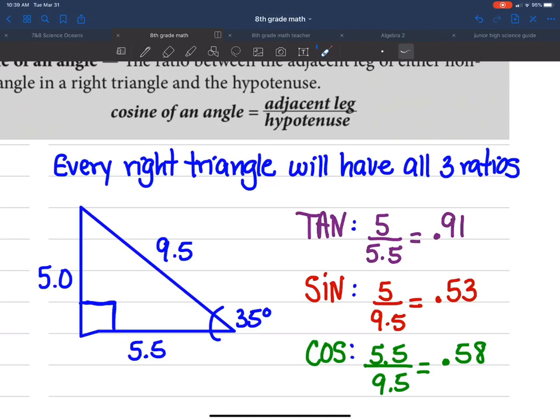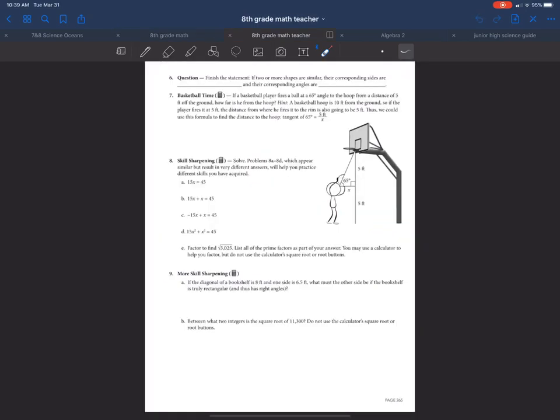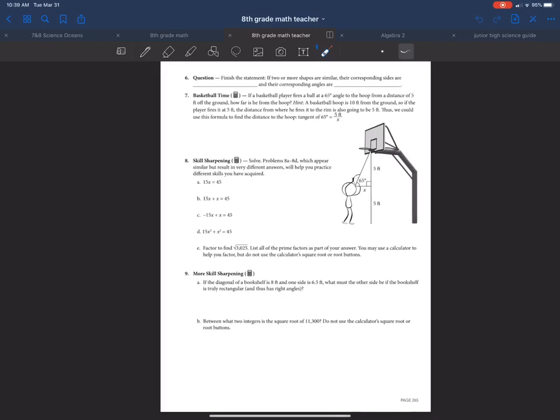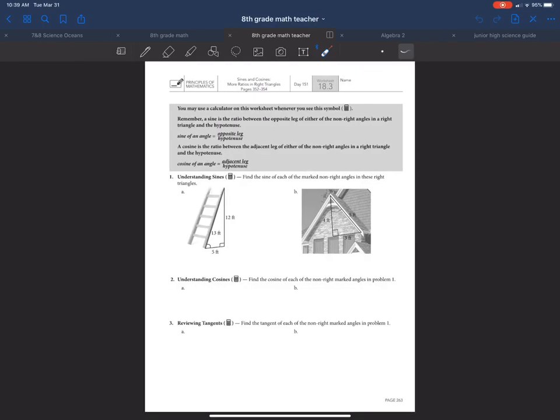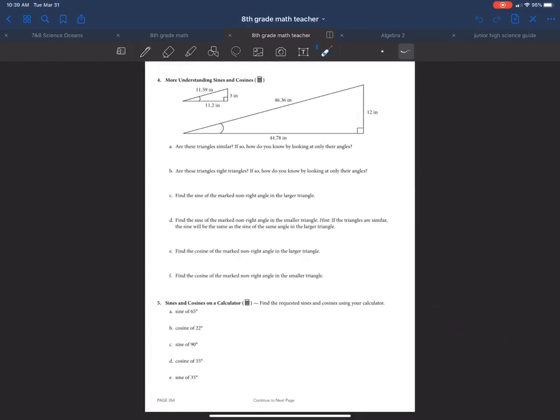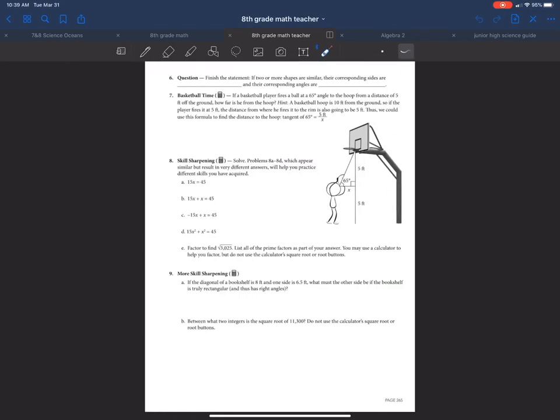Great. Now, in your 18.2 worksheet, which is, where is it? Right there. It's page 263, right here. 263, 264, and 265.